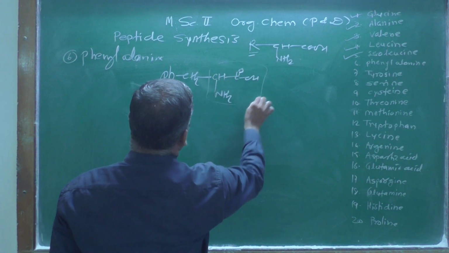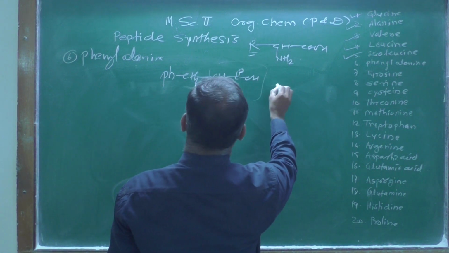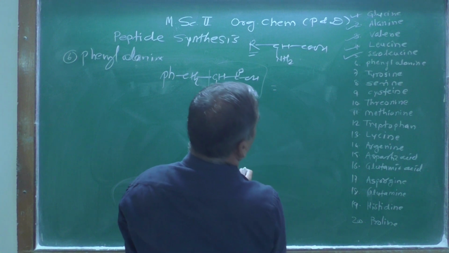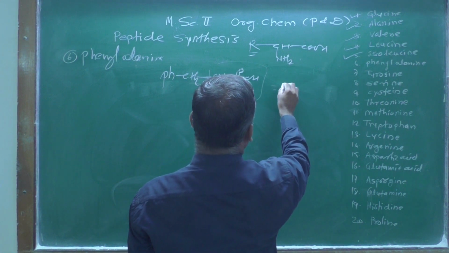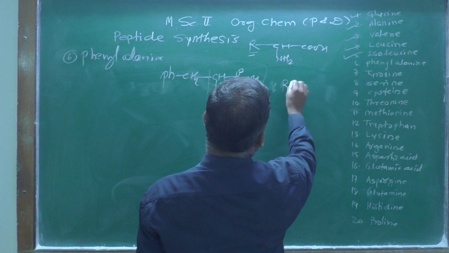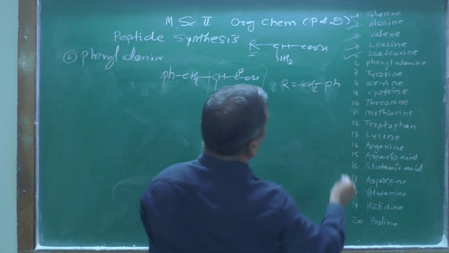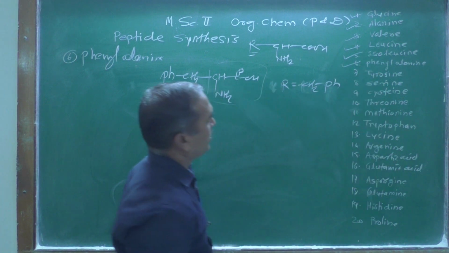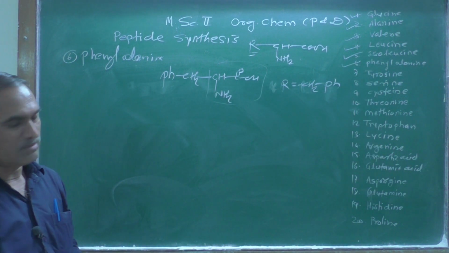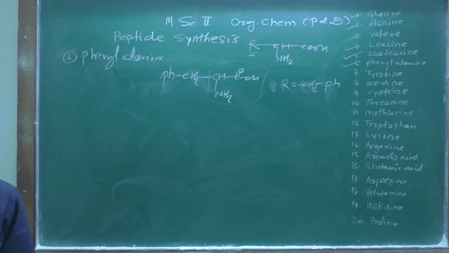This part remains as it is, only the R group is changing, and that is why it is the structure of phenylalanine, where R is CH2 and Ph.